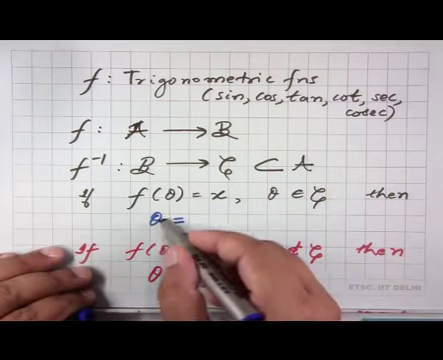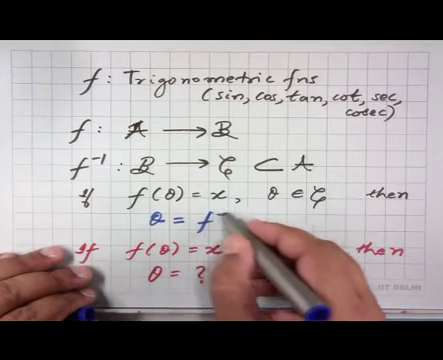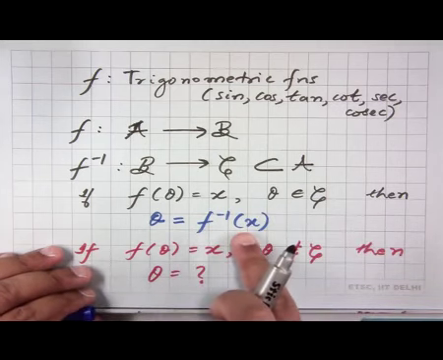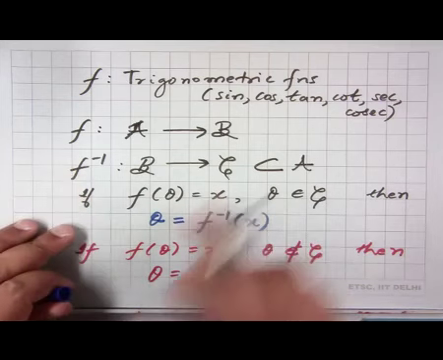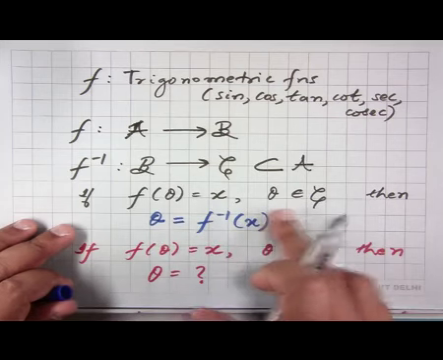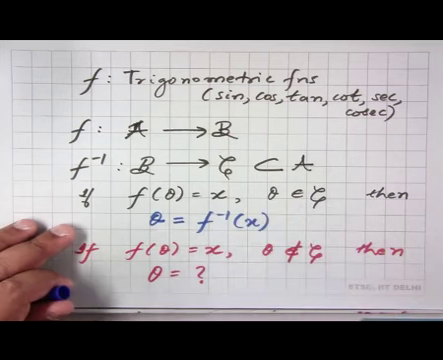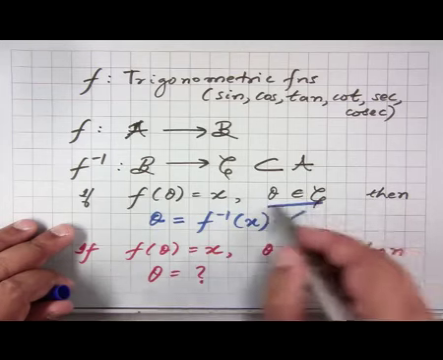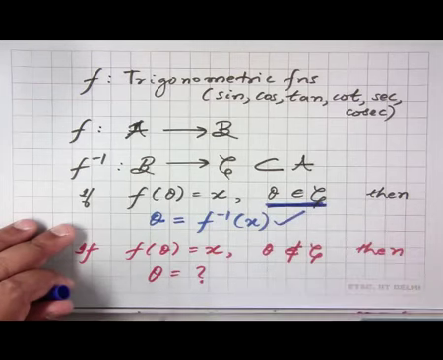The solution is simply theta equal to f inverse of x, because f inverse of x will belong to the range set of f inverse, which is C. Therefore, theta will definitely belong to it. So, if theta has to belong to C, then this solution satisfies the constraint that theta has to belong to the range set of f inverse.